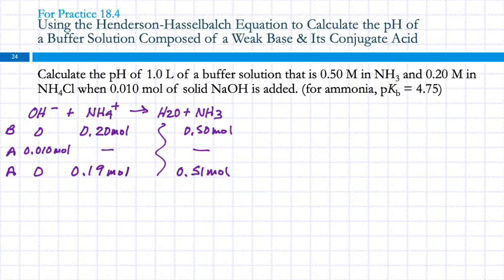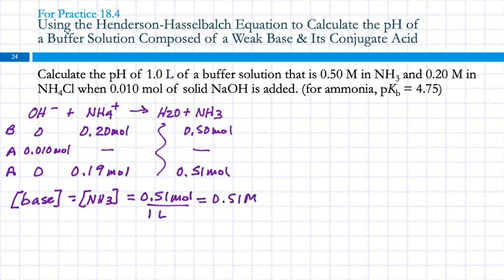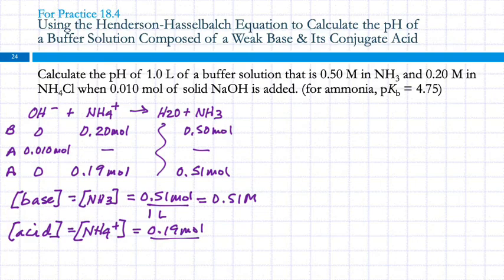So the concentration of the base, NH3, is going to be the moles divided by liters. It's 1 liter. And the concentration of the acid, NH4+, is 0.19 moles in 1 liter.